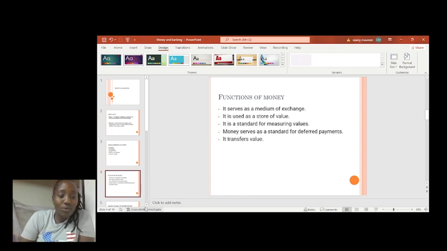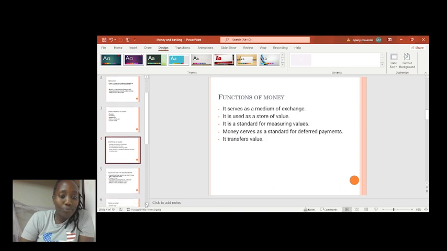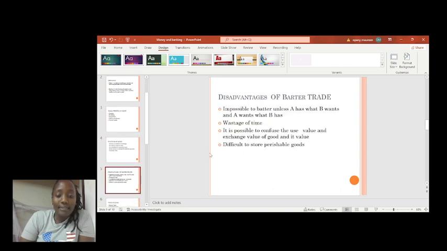Under money, we also have something known as barter trade, and I want us to look at the disadvantages of barter trade. The first one: it is impossible to barter unless A has what B wants and A wants what B has.